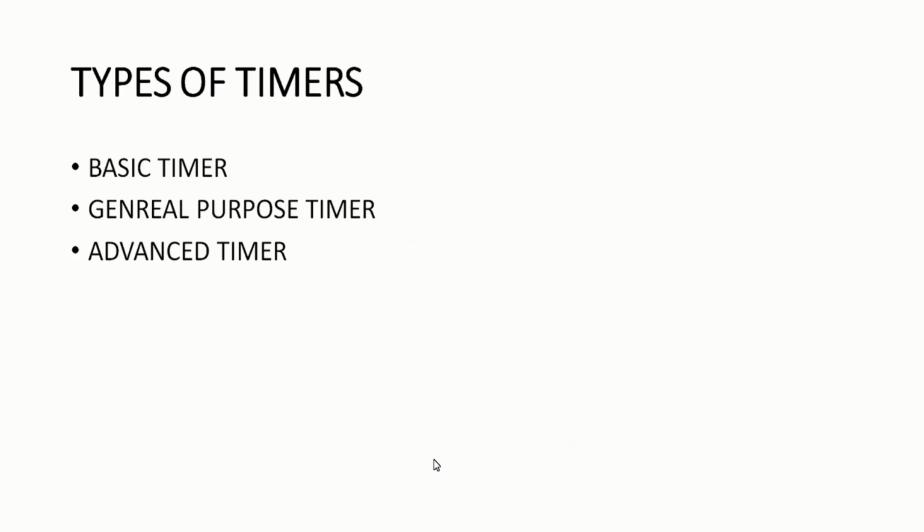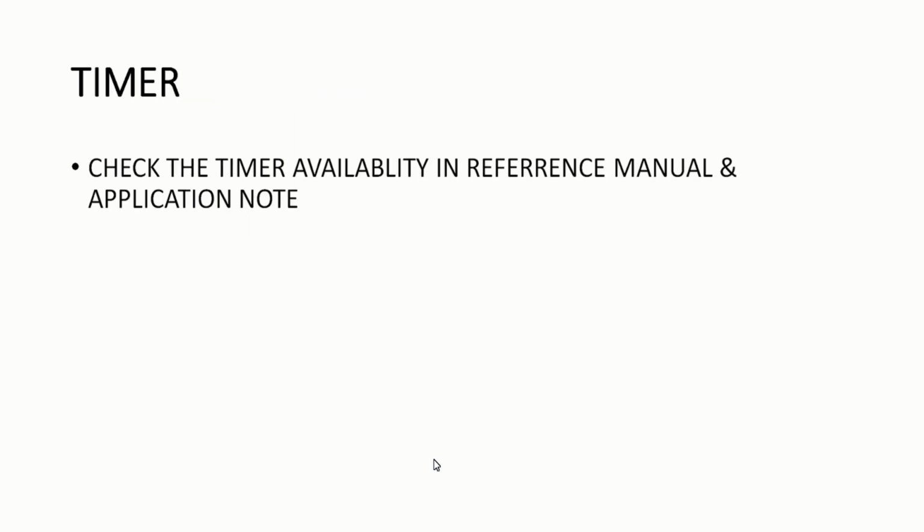There are three types of timers basically in our STM microcontrollers: basic timer, general purpose timer, and advanced timer. For a detailed explanation of timers available in the microcontroller, check the reference manual of the microcontroller that you are using. From the reference manual of STM32F446RE, I found that the basic timers are timer 6 and timer 7, and general purpose timers are timer 2 to timer 5, which are 32-bit, and timer 9 to timer 14, which are 16-bit.